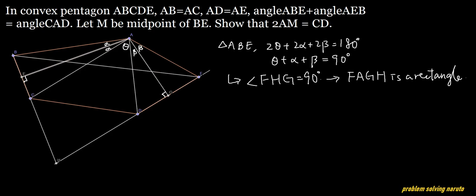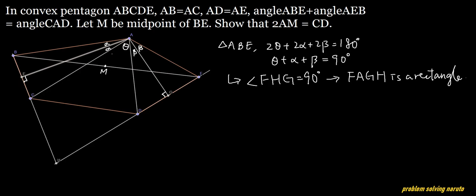So we are in good shape. Whenever you can extract some more information, you are probably in the right direction. Okay, let's move on. The goal is that if M is the midpoint, then we somehow need to show that 2AM has the same length as CD.